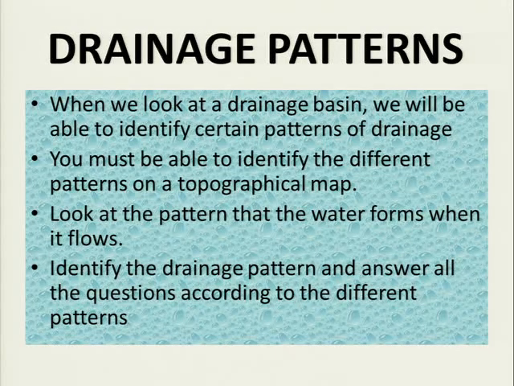Guys, this is very important. Usually, when you study, you look at the picture, you say, oh, okay, I can identify this. This is the tree-like pattern, so this is dendritic. Okay. But remember, they will ask you questions on the underlying rock structure. So you will have to study those underlying rock structures that you find that drainage basin upon.